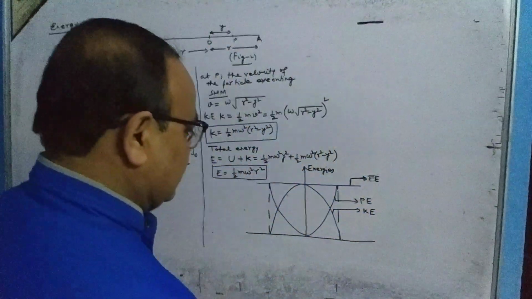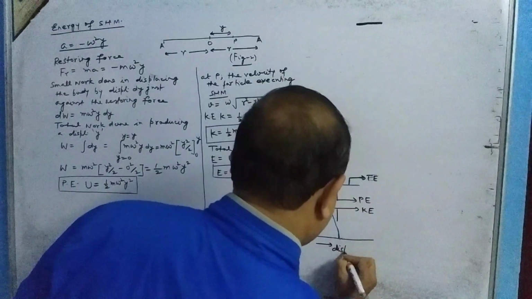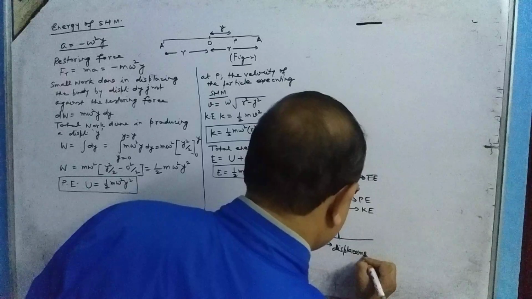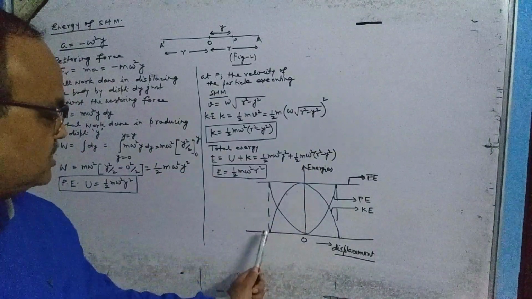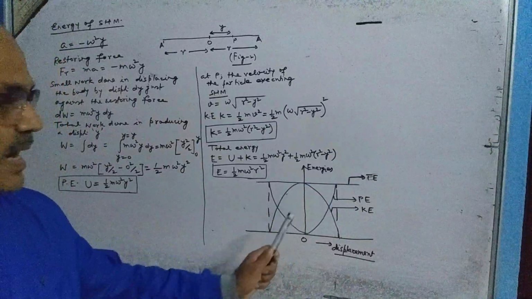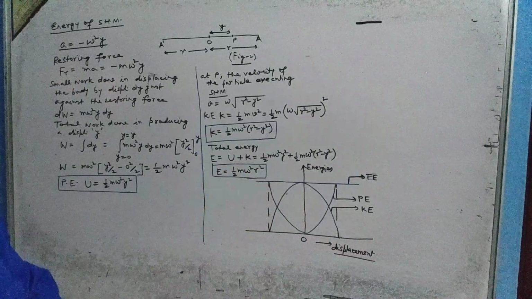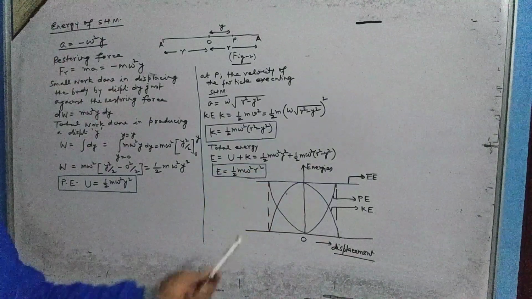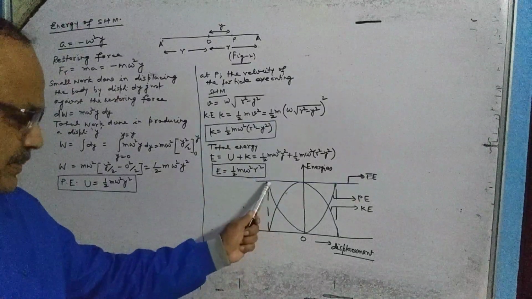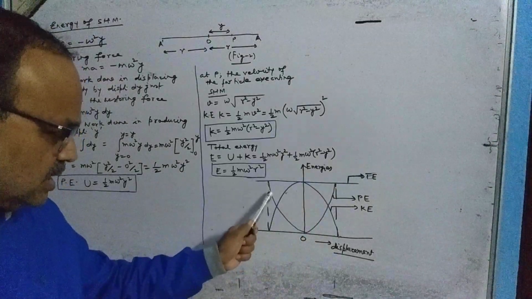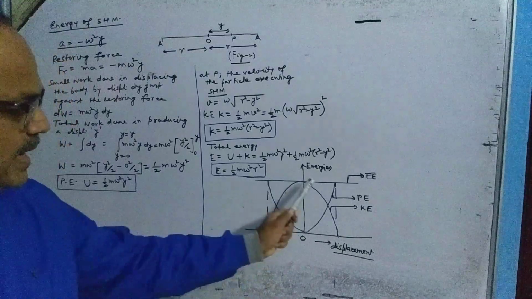And here we take displacement: maximum displacement here, mean position is here. You can very easily see that this will be the value. Actually the potential energy is U-shaped.